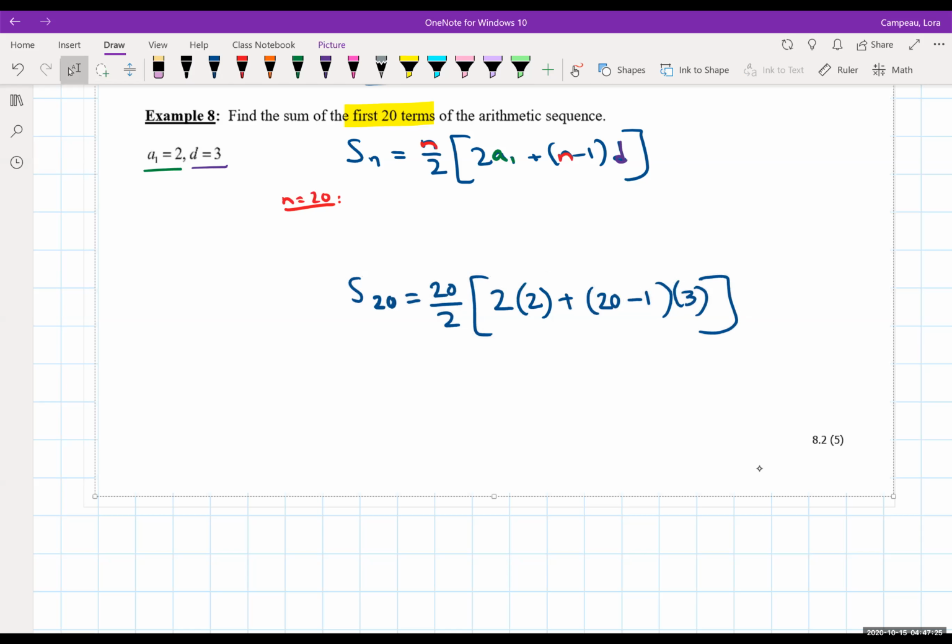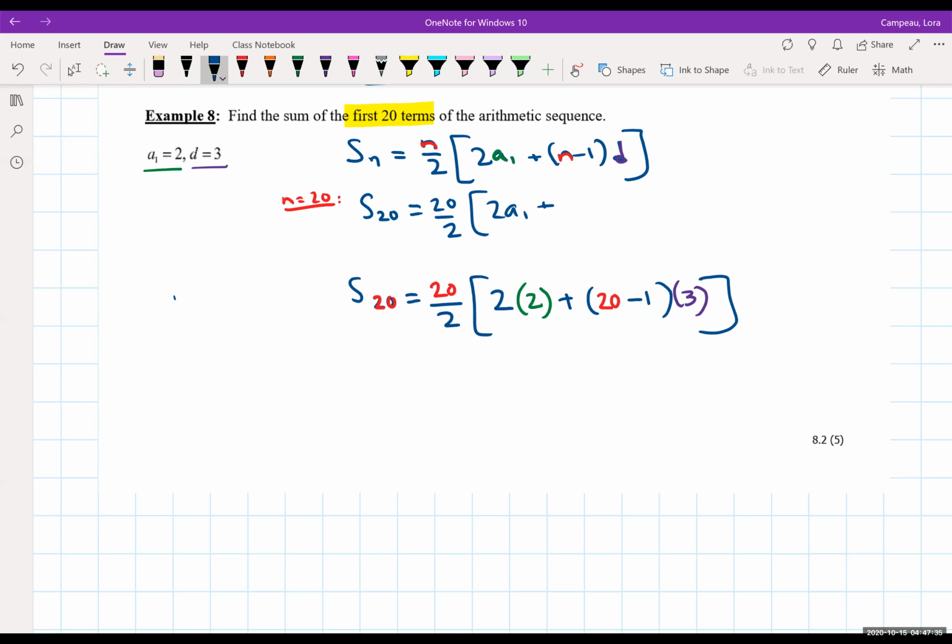Sometimes what I'll look at is just plugging in n equals 20, and then you end up seeing me simplify before I start plugging in the other terms. So if that helps with preventing minor mistakes, feel free to do that. But we will go with what we have.